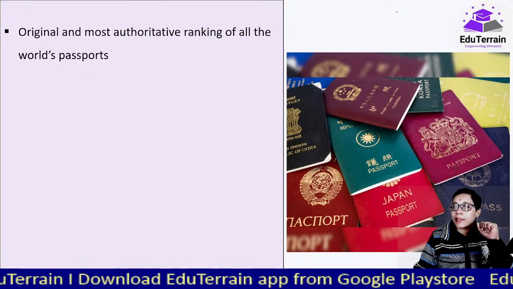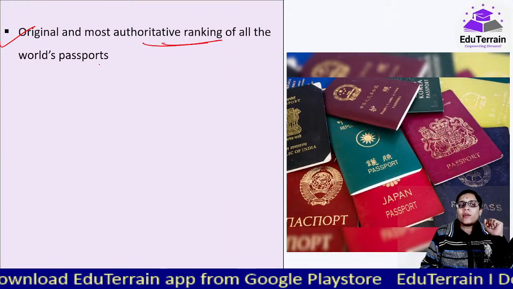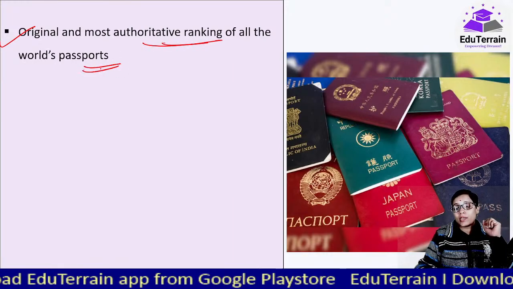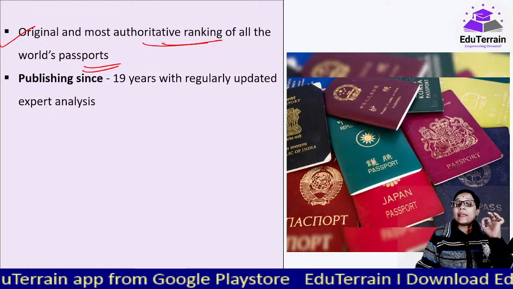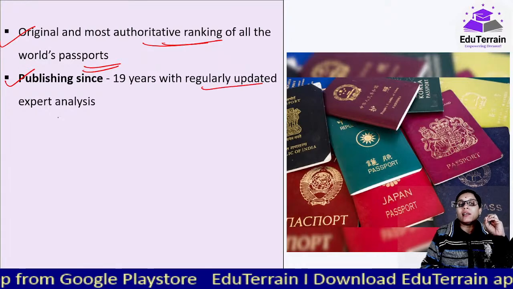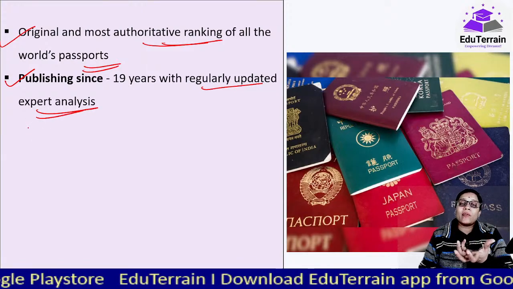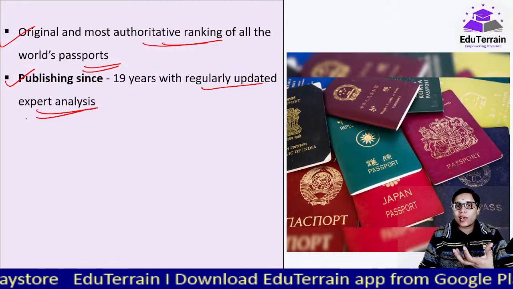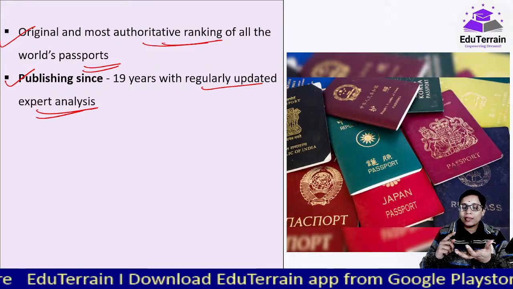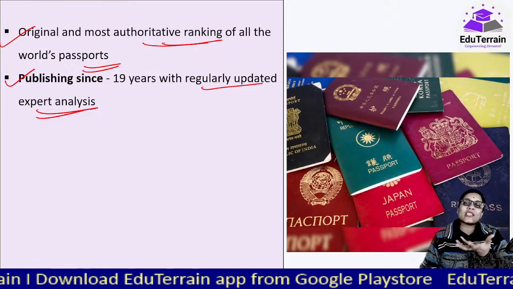Now, what is this Henley's report? It is the original and most authoritative ranking of all the world's passports, and it has been publishing this for 19 years with regularly updated analysis. When we look at this Henley Passport Index, it will tell us which country's passport has the highest weightage.